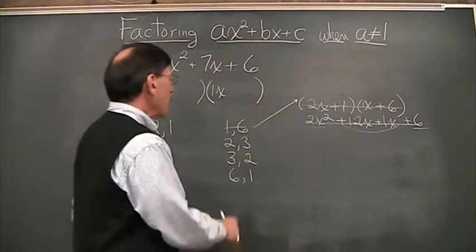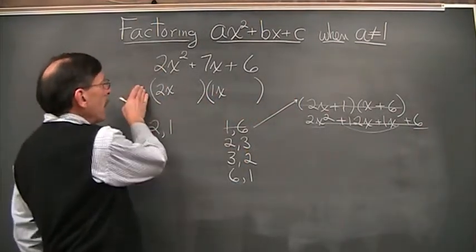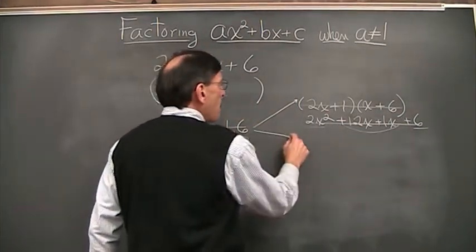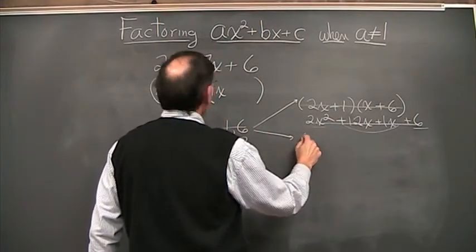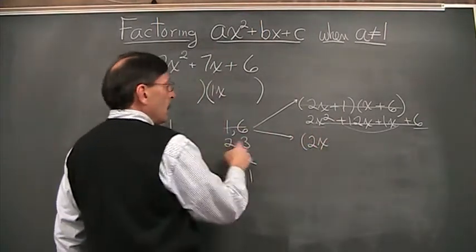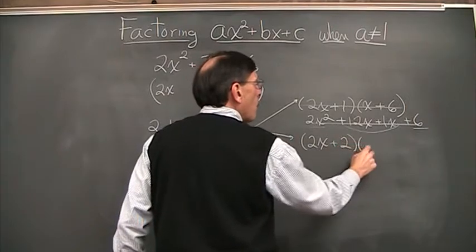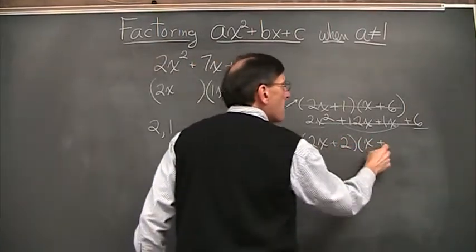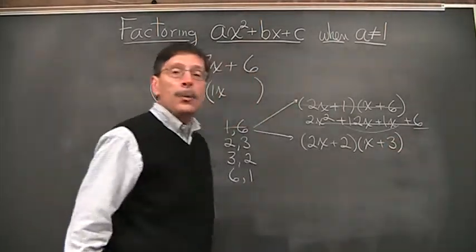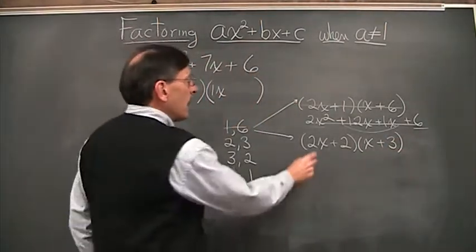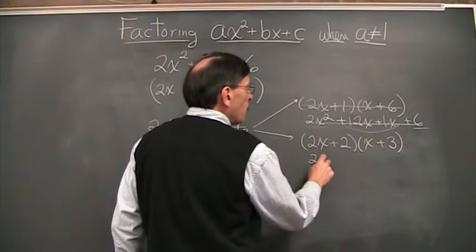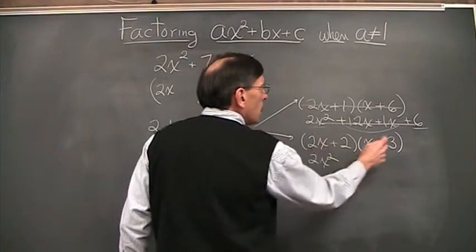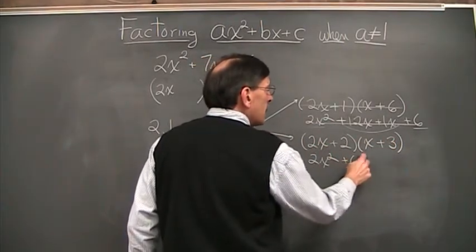Let's try the next pair, 2 and 3. So I copy my expression over again. And I have 2x plus 2. And I have x plus 3. And we FOIL it once again. 2x times x is 2x squared. 2x times 3 is 6x.